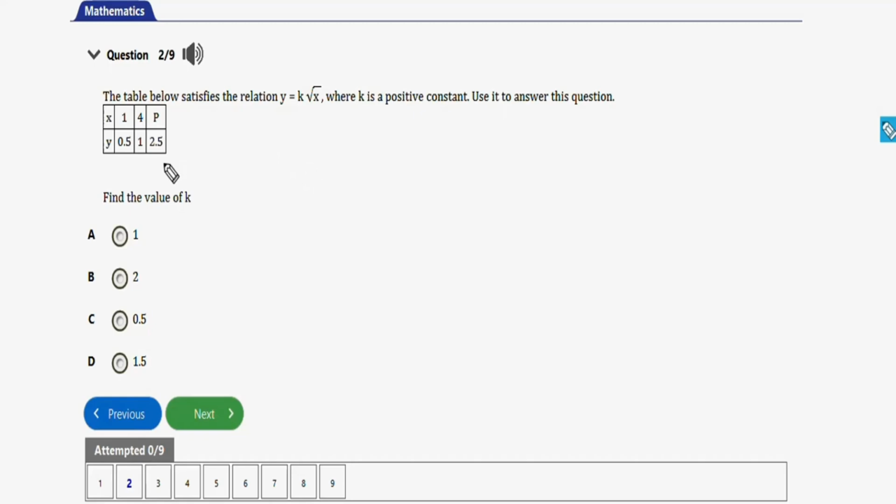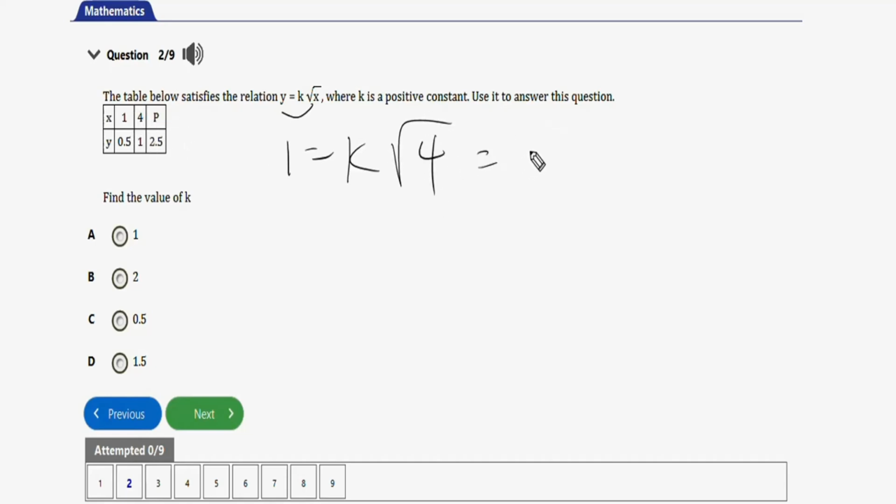So we are looking for the value of k. All you need is to take any of the values of y here and substitute in this relation. Let's use the middle value. When y is 1, x is 4, so it will be 1 equals k times the square root of 4, and the square root of 4 is 2.